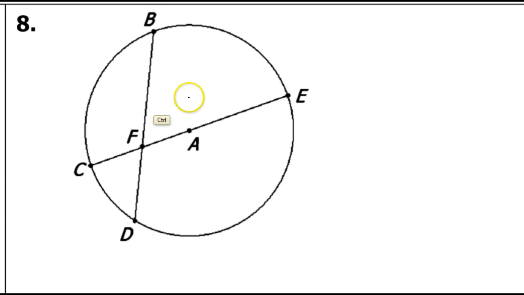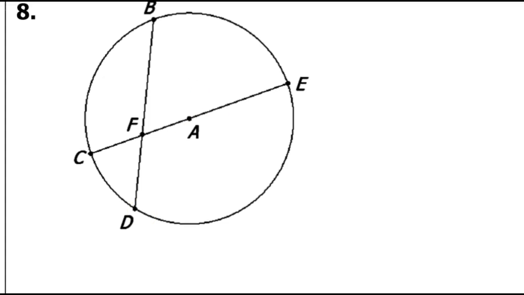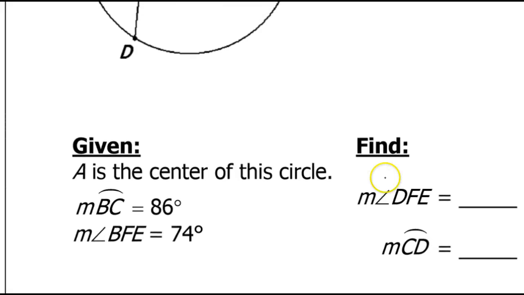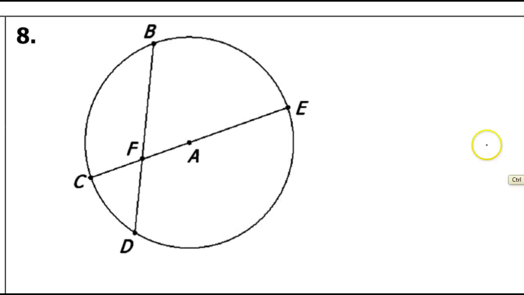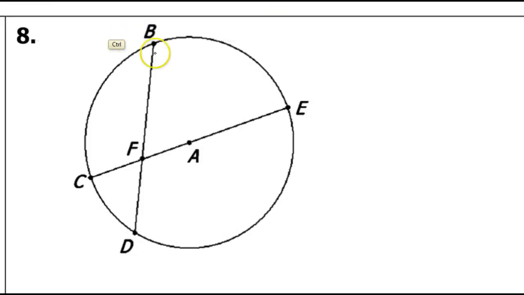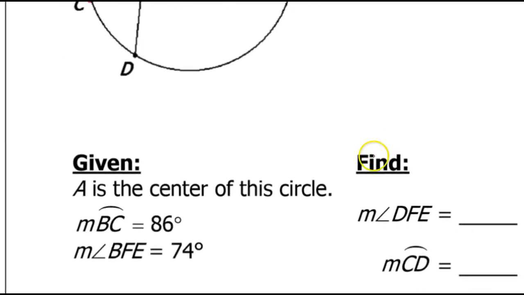All right, for number 8, it looks like we have the same exact picture, but I guess we'll be given different information. So this time we're given that arc BC is 86. All right, so let's get that going. Arc BC, what did they say that was? 86? Yeah.